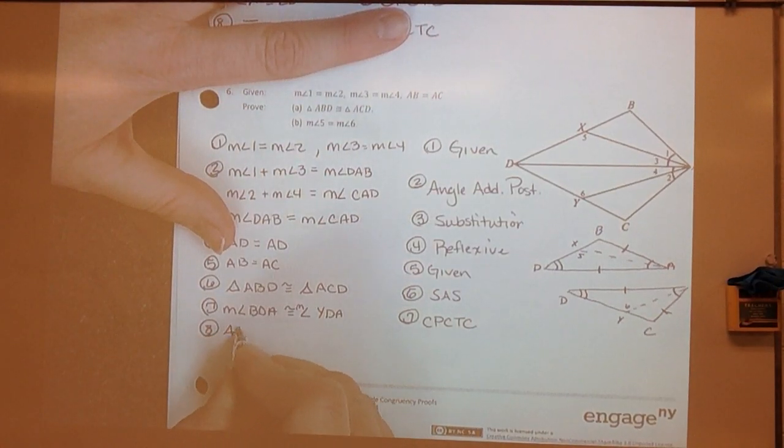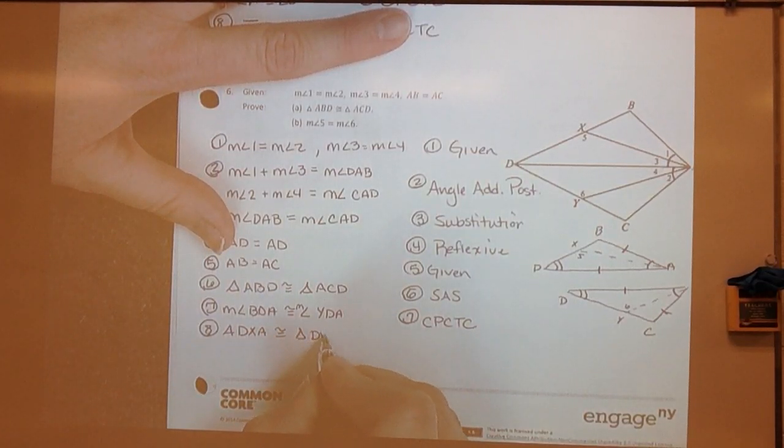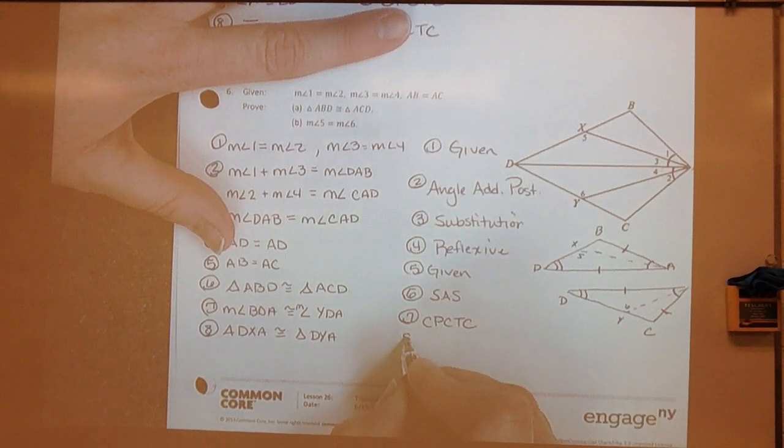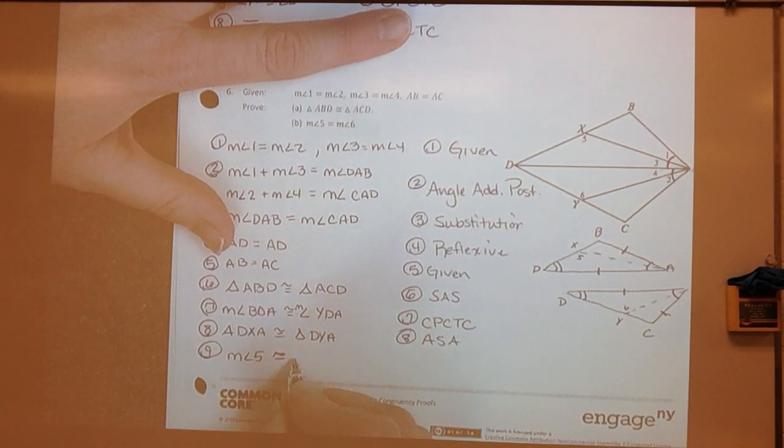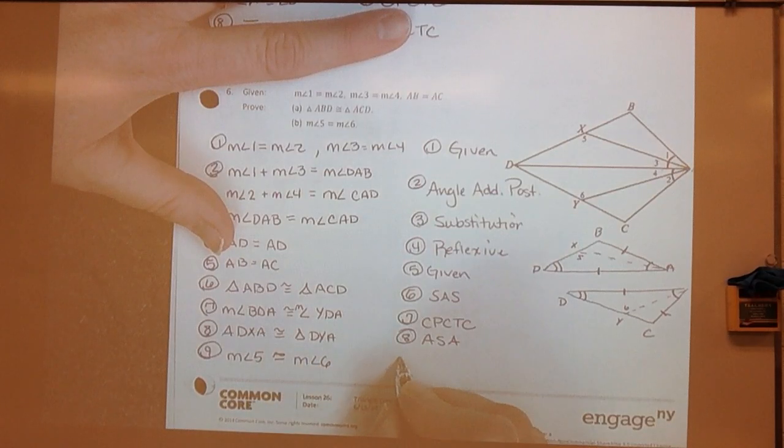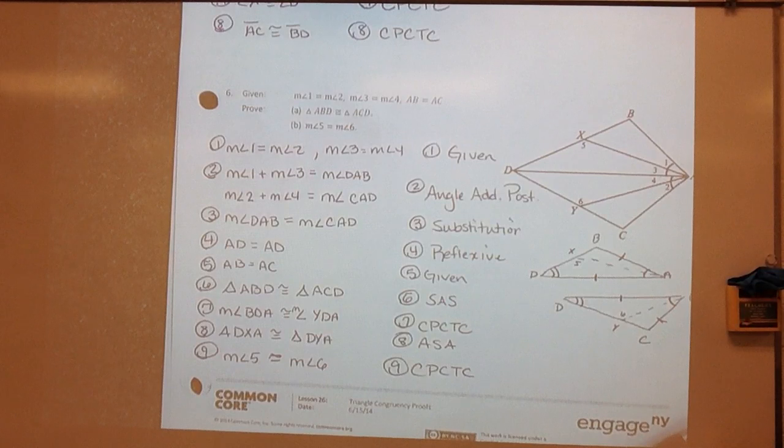I can prove that triangle DXA is congruent to triangle DYA by angle side angle. And since that's the case, the measure of angle 5 has to be equal to the measure of angle 6 because corresponding parts of congruent triangles are congruent.